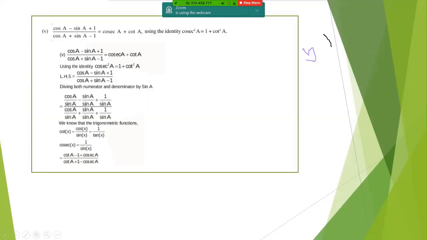Again, breaking it down, taking up the identity. Are we ready? So what has been done is dividing the numerator and the denominator by sine theta. So we'll end up getting cos upon sine, sine upon sine. So we are moving ahead to get nothing but (cot A minus 1 plus cosec A) upon (cot A plus 1 minus cosec A). Why are we doing this? Because our RHS is in the form of cosec and cot. So this sum is a bit different. Cos and sine, we are converting it into cosec and cot.